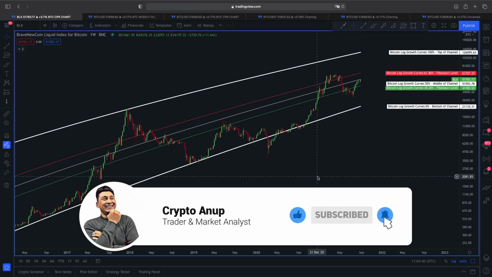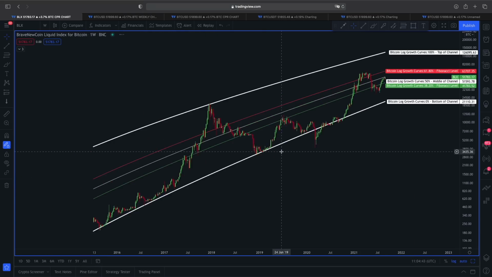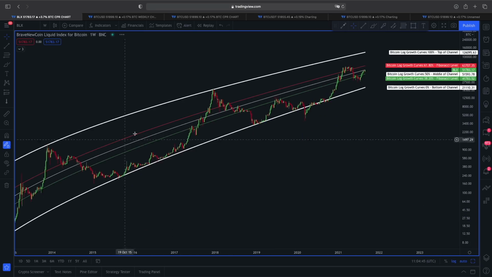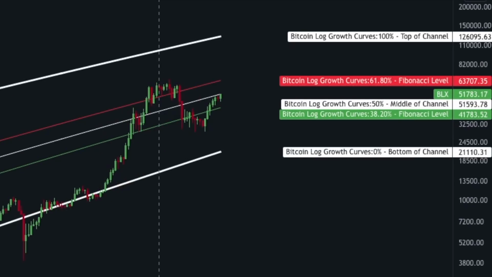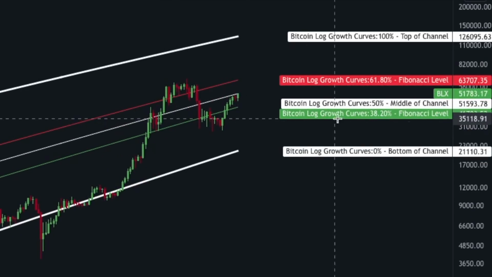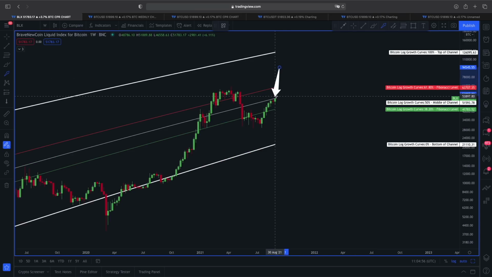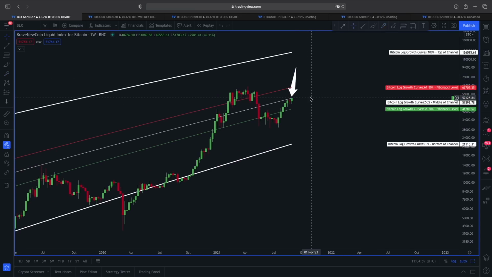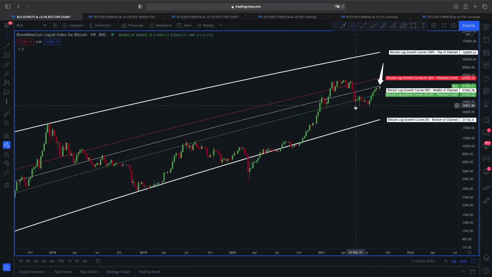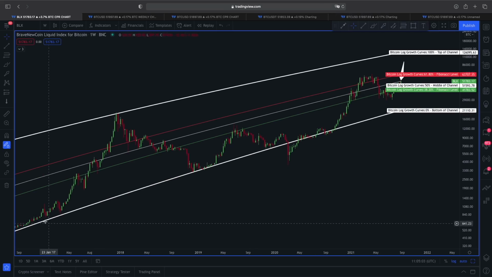And now we are going to start this analysis here in a weekly time frame, because if you look at the price structure of Bitcoin using this Bitcoin logarithmic growth curve, we are aware this middle line, which is the 50% Fibonacci line, is definitely going to be a very strong line of resistance, because if you look here from 2007 when the trend started heading to the upside, with each and every movement you can see the price always found a strong resistance and also support from this 50% Fibonacci line.